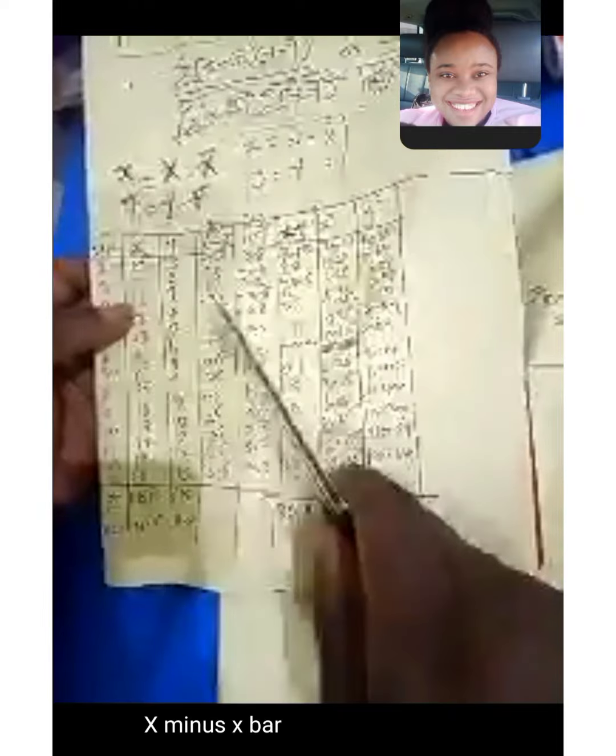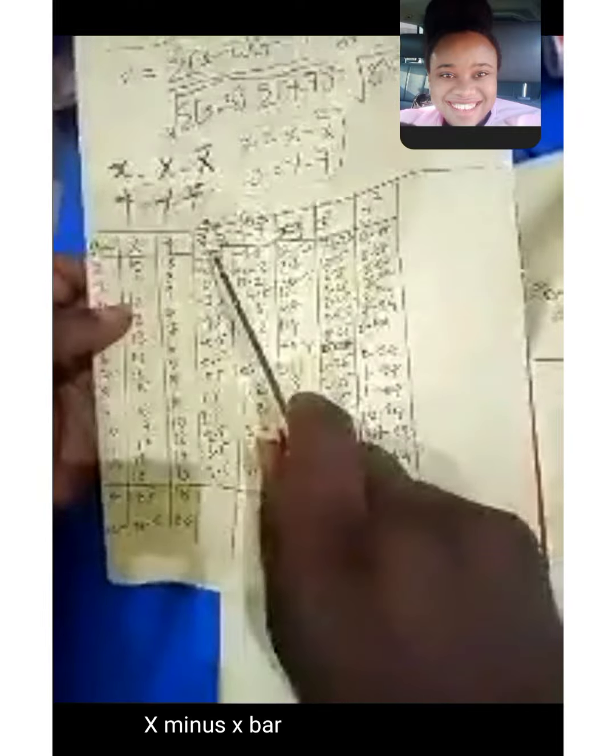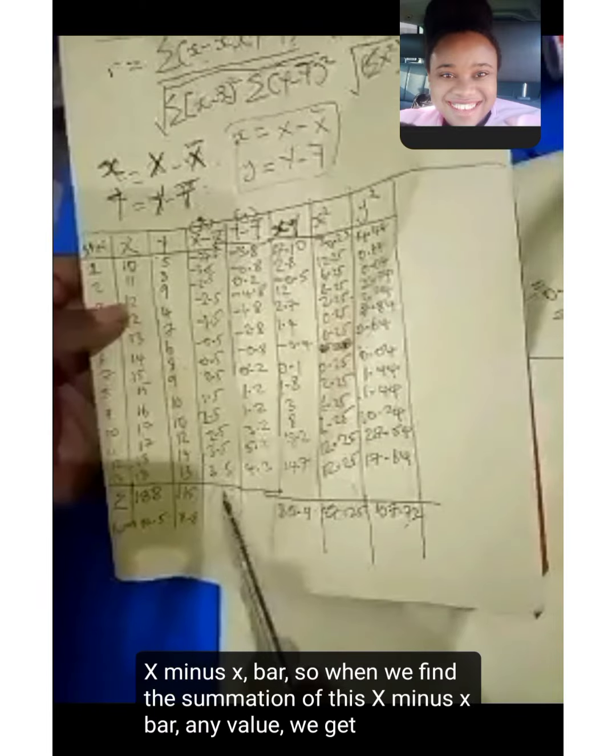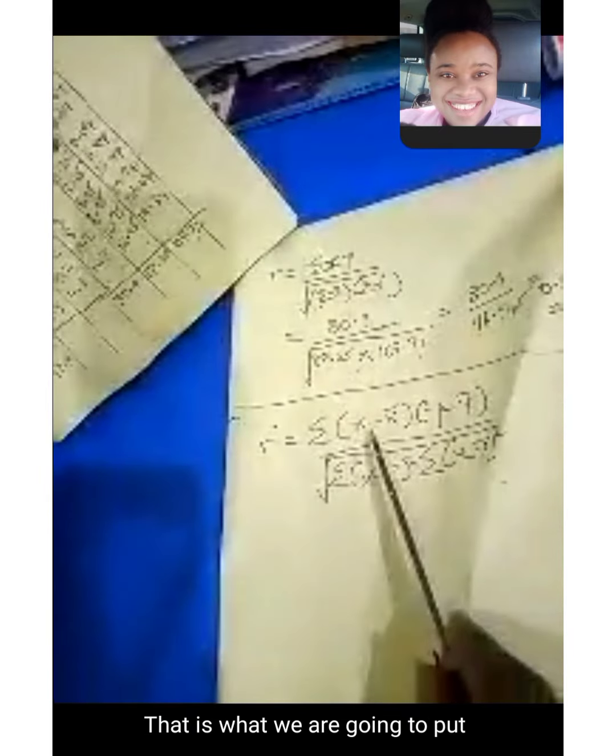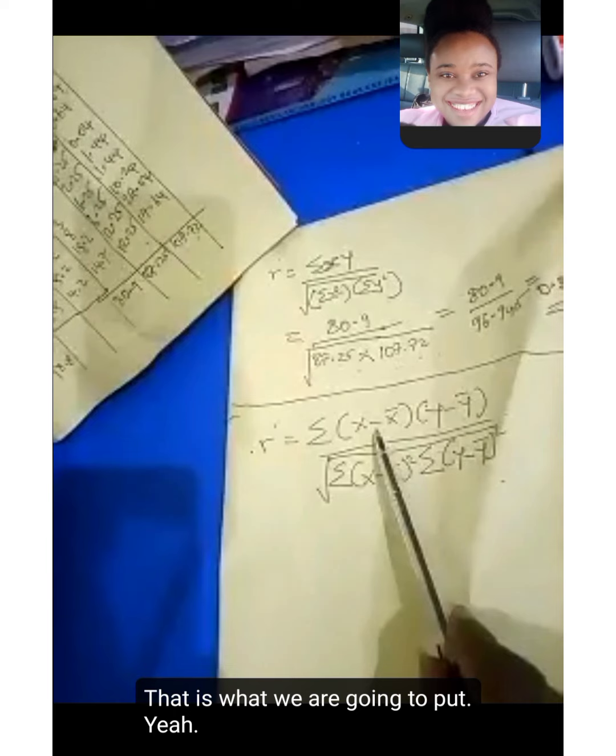When we find the summation of this x minus x bar, any value we get here, that is what we are going to put here. Then y minus y bar, if we sum all this, any value we get, that is what we are going to put here.